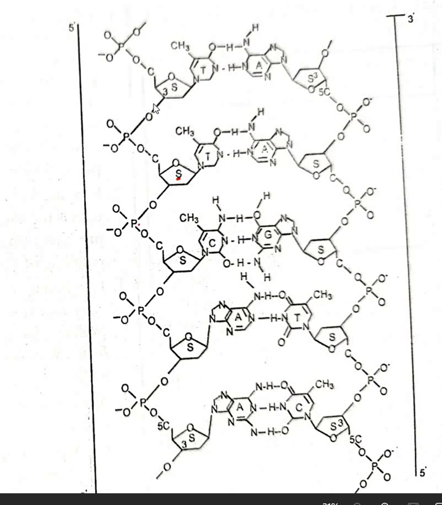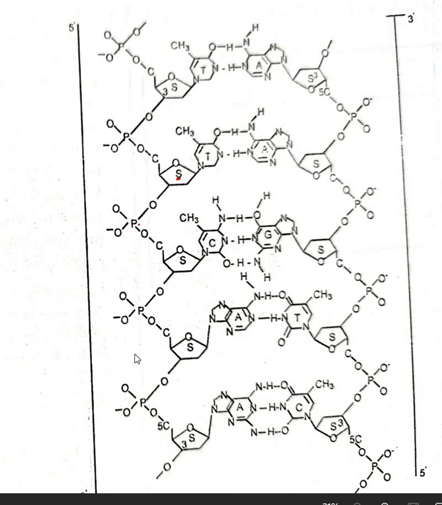In the other sense, every phosphoric acid is linked to the third carbon of one nucleotide and the fifth carbon of another nucleotide, which means every phosphate is linked with two sugar molecules. Otherwise, the fifth carbon and the third carbon of a sugar molecule are linked with two phosphate molecules: the fifth carbon with one phosphate and the third carbon with another.